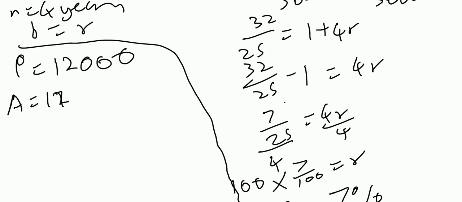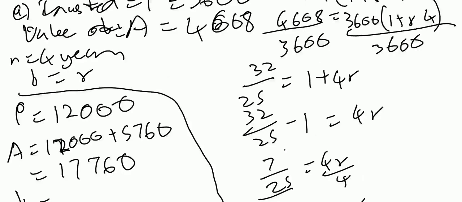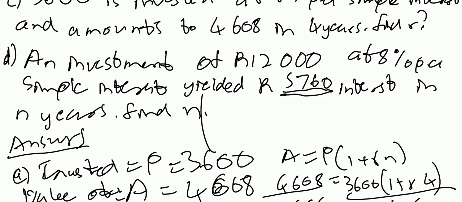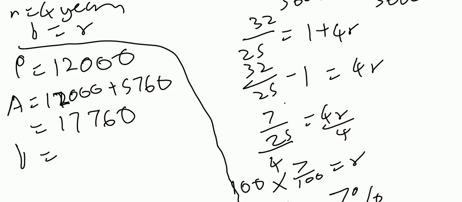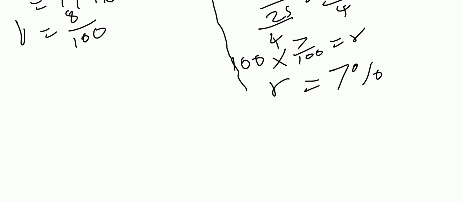That means at the end it was 12,000 plus 5,760, because at the end it is the initial investment plus our interest, which gives us 17,760. Then what is our I? They told us in the statement that it was 8% per annum, so 8 over 100. Now we can write our formula for simple interest: A is equal to P into 1 plus IN.